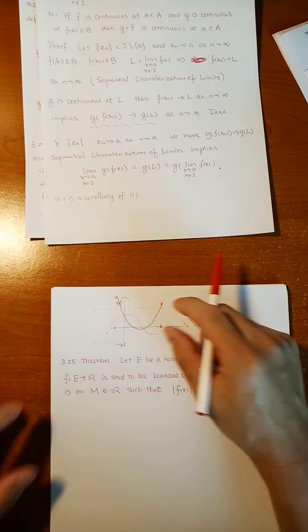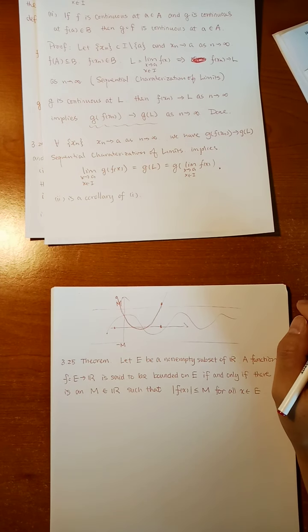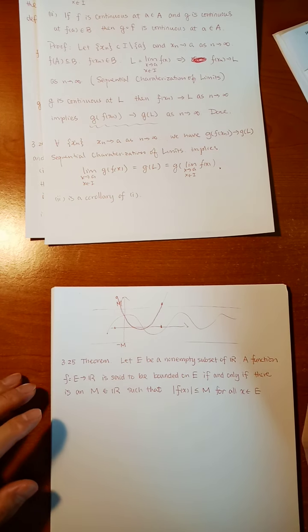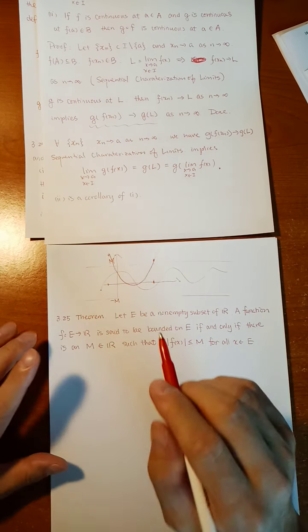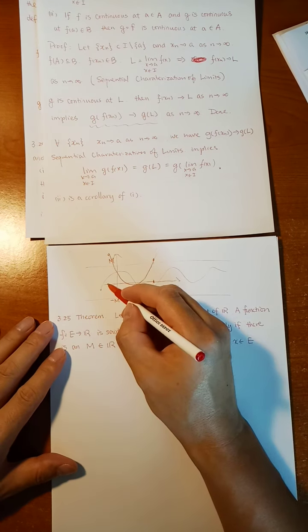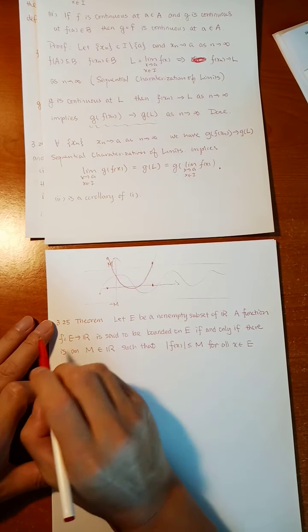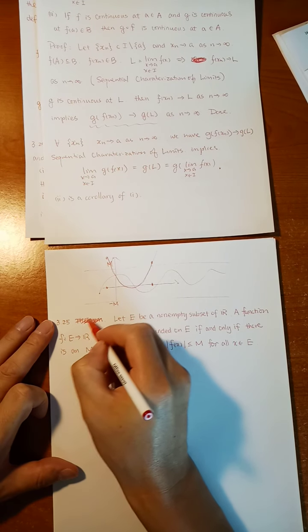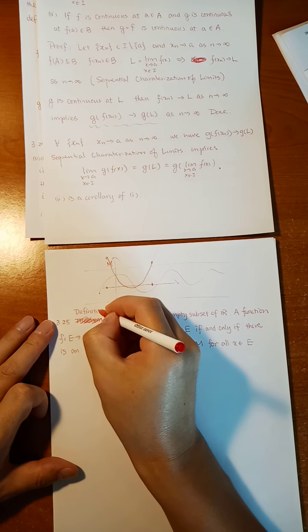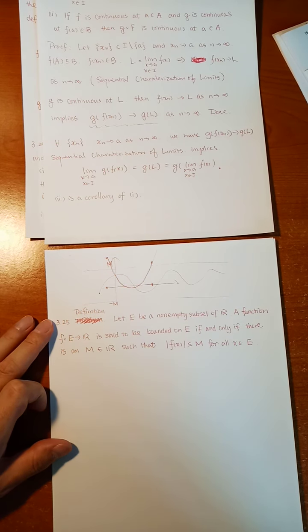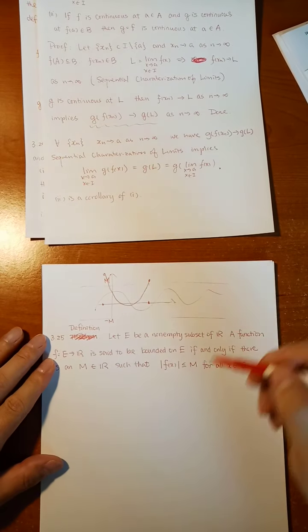So it will be bounded. So this is not a special property of a parabola. It's a property for a continuous function over a closed interval. Again, it must be a closed interval. This is not a theorem. This is a definition.